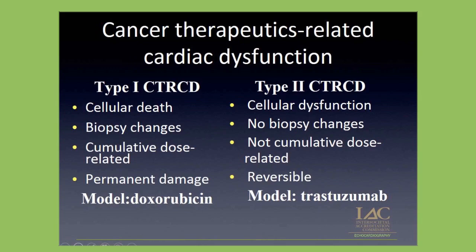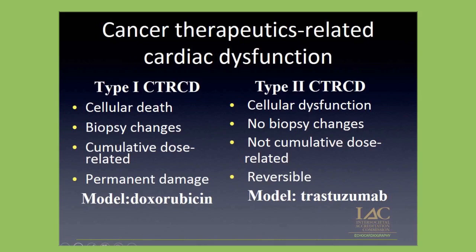We want to emphasize the type 1, which is the one that you need to remember as trouble, because as you see in the slide set, it causes cellular death, and this damage is irreversible, it's permanent. You will be able to see these changes in the biopsy, and it's cumulative dose related.